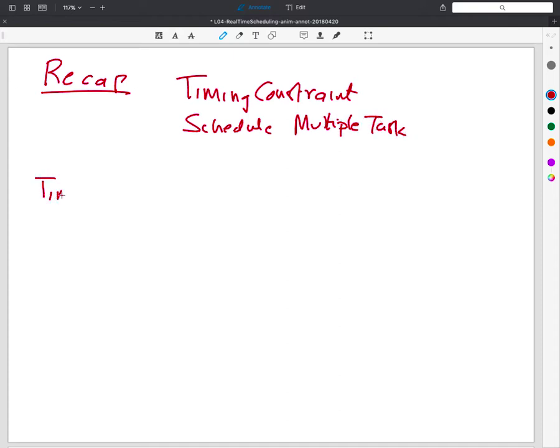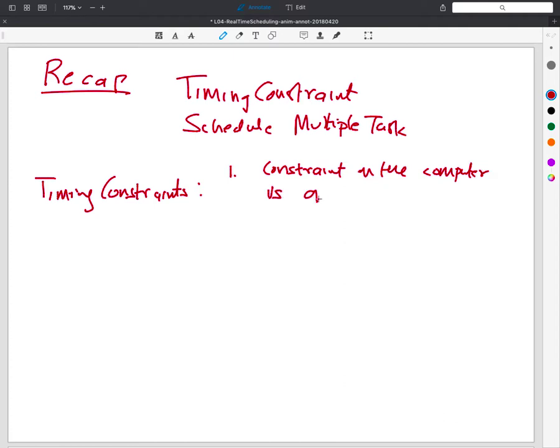On the timing constraints, there were a few things we covered. First was who the constraint is on. So constraint on the computer versus on the environment, right?